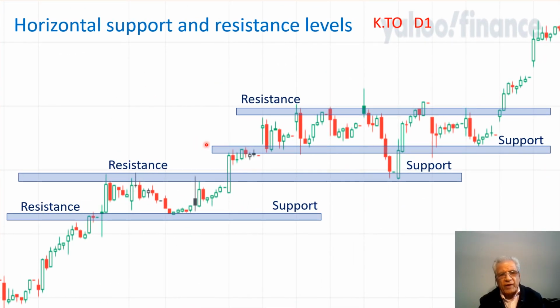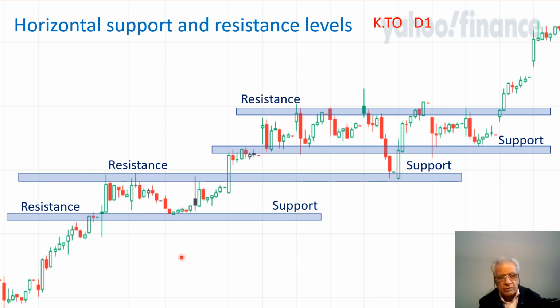This is Yahoo Finance K-Stock D1 time frame, horizontal support and resistance levels. You see here, this is a pattern that it's going up, and while it goes up, it makes lots of peaks and troughs.